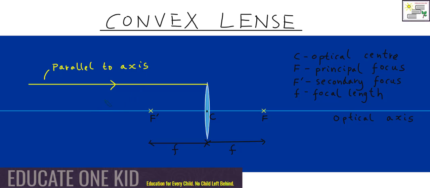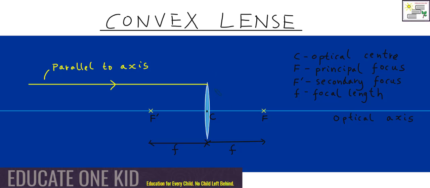Hopefully you remember from maths that if two lines are parallel, they will never meet. Okay? So what we're saying is that this line here, representing the incoming ray, and the optical axis, they will never meet because they are parallel.